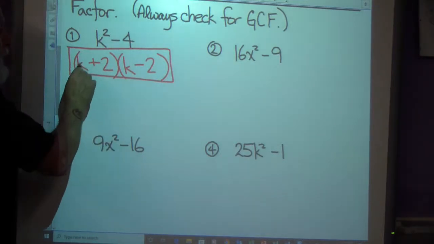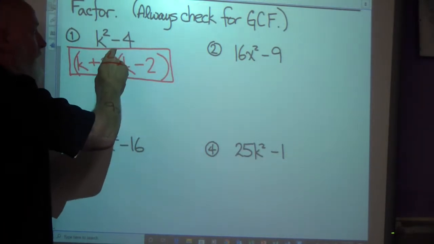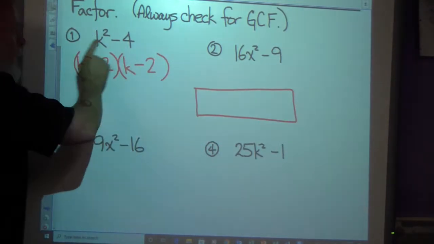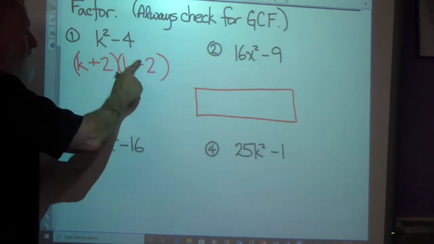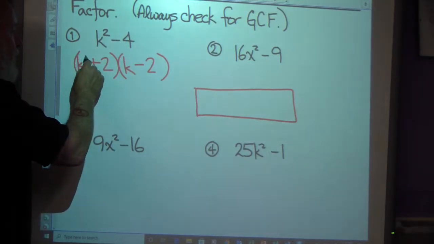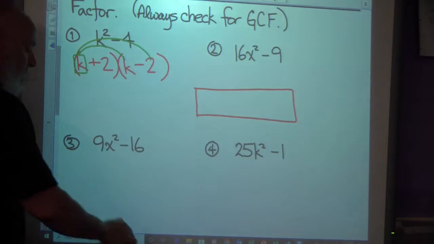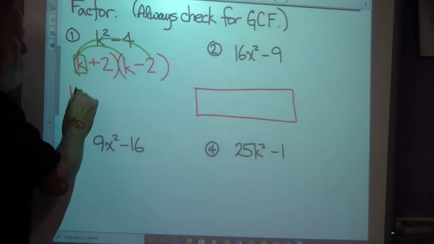I'm going to multiply these 2 things together just to demonstrate that this times this does indeed equal this, okay? But this is the answer I'm looking for when I'm asked to factor. I'm going to go ahead and demonstrate that this times this is indeed k squared minus 4. So here we go. I'm going to take this k. I'm going to distribute it. That gives me k times k is k squared.